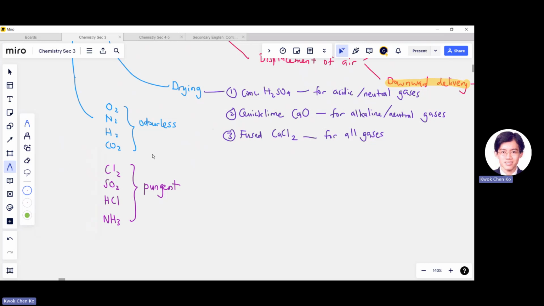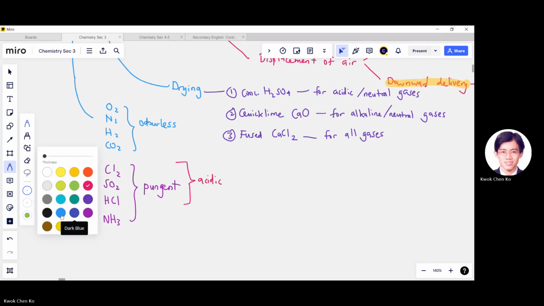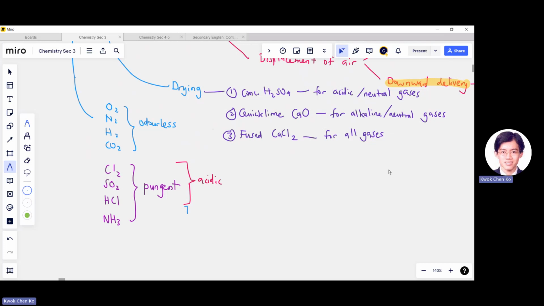Okay, what else do you need to know? These 3, and it's good that you group them together because the first 3 are acidic. Here, ammonia, as Sabrina mentioned, is alkaline.